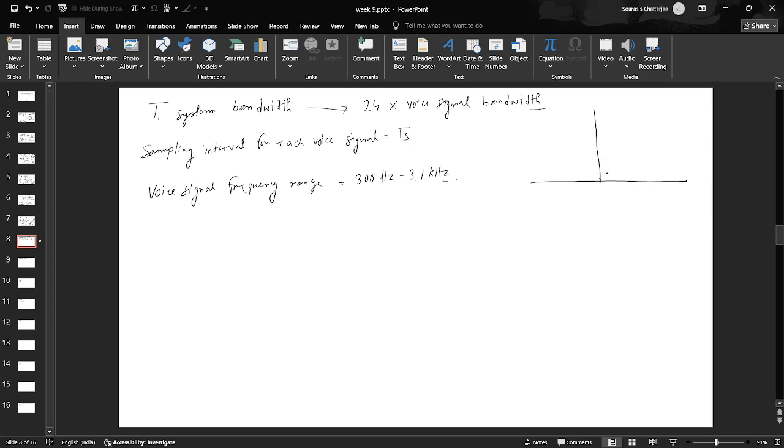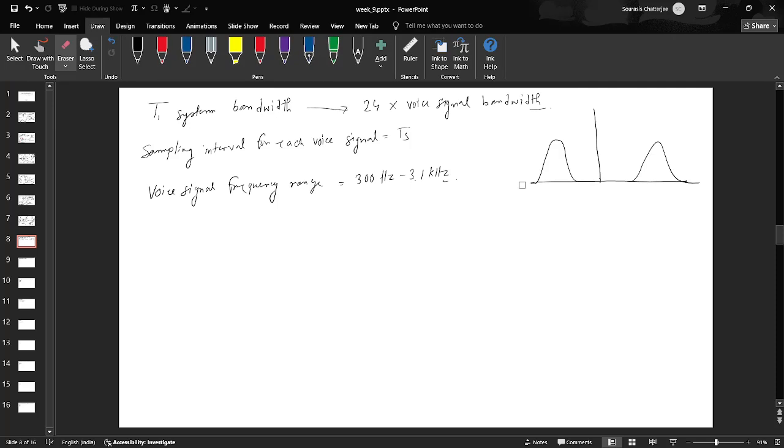Before modulation, the baseband spectrum of the voice signal will look like this, between here and here. Let's say 300 Hz is the minimum and 3.1 kilohertz is the maximum. So this is your voice signal frequency range.